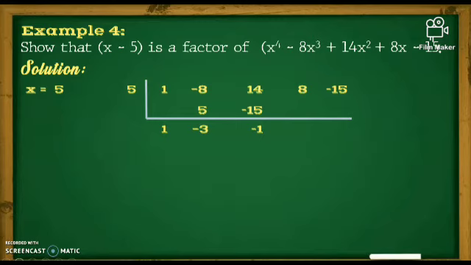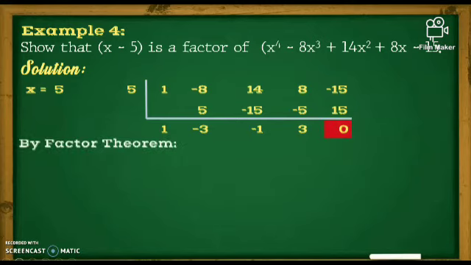Negative 1 times 5 is negative 5. Add 8 and negative 5 gives us positive 3. 3 times 5 is equal to 15, and add the two numbers on the last column. Negative 15 plus 15 is equal to 0. So the remainder is 0.